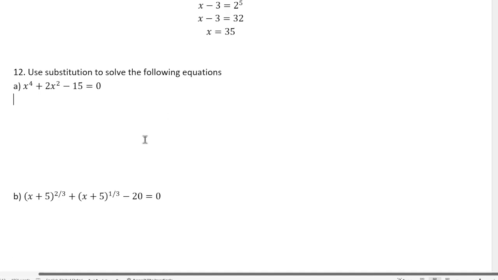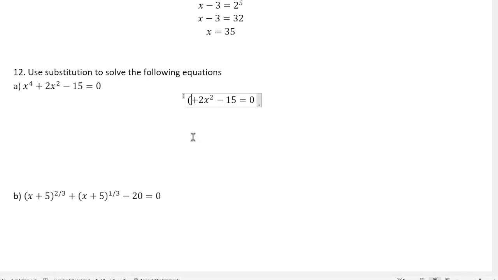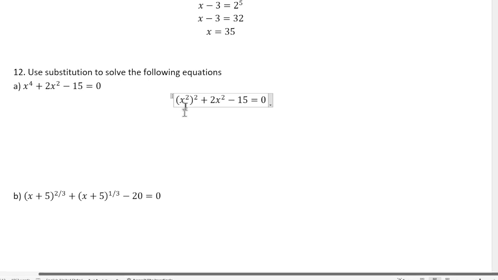Use substitution to solve the following equations. So this is a fourth order equation, which seems very hard, but you can think of x to the fourth as x squared to the squared, because these two multiply, right? 2 times 2 is 4, so you can rewrite it like that.